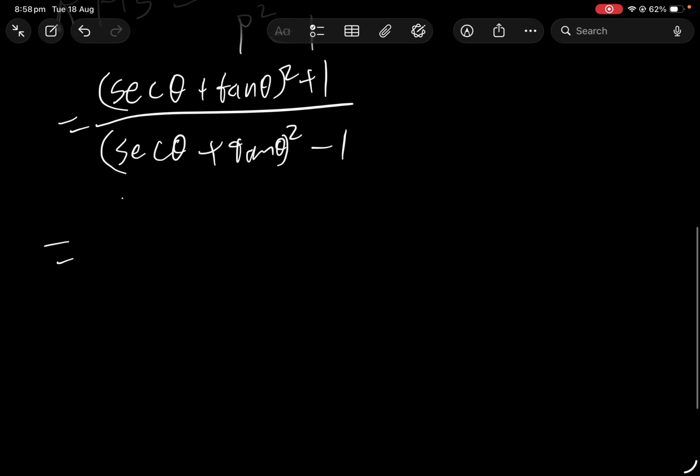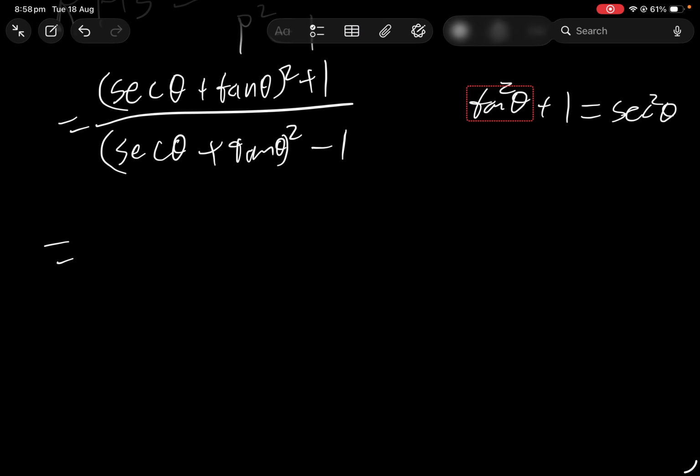And that just equals, because we know that tan squared theta plus 1 equals sec squared theta.